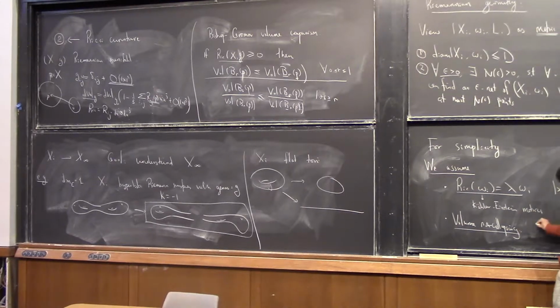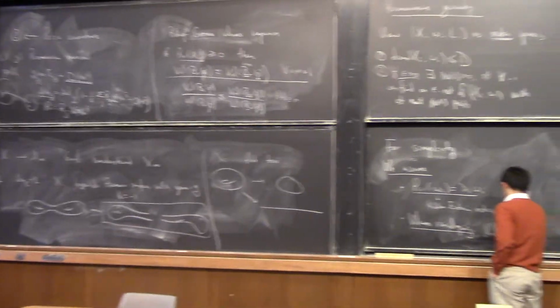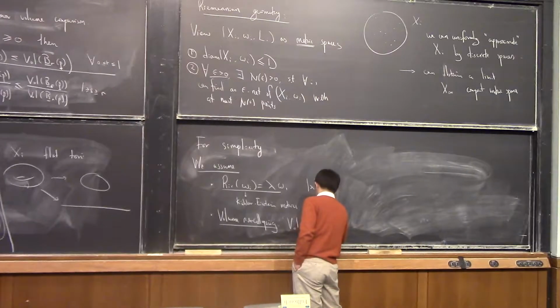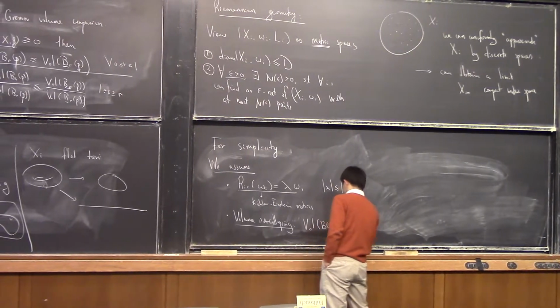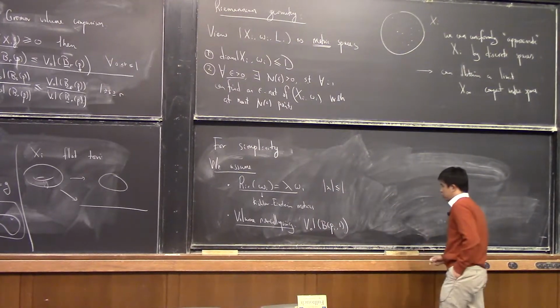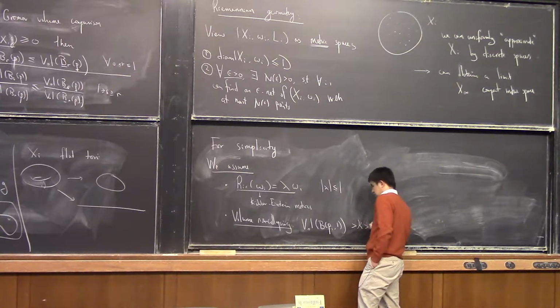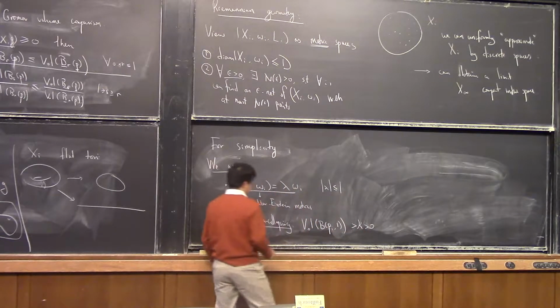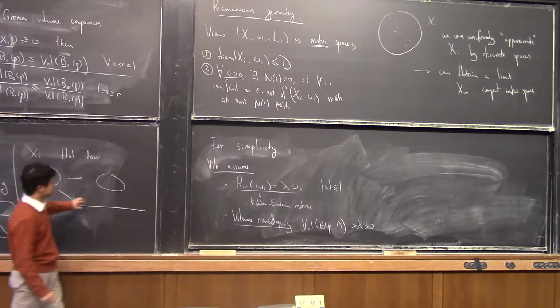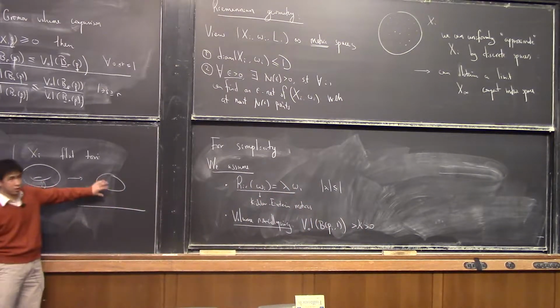Let's just assume that the volume of the radius 1 ball around Pi is strictly positive, a constant. So this will rule out this situation because the volume goes to 0.